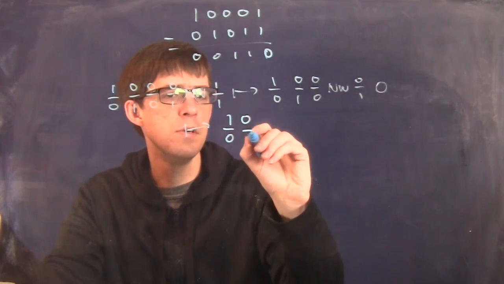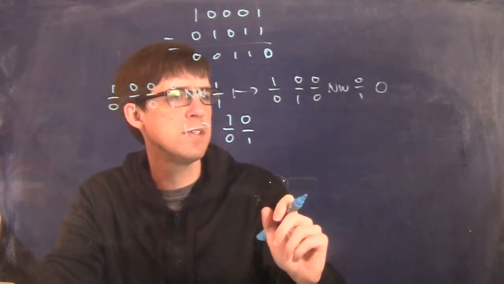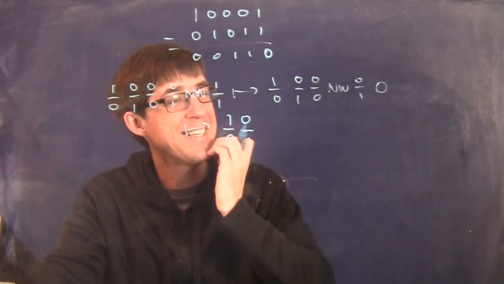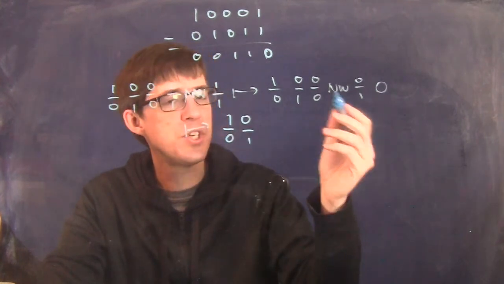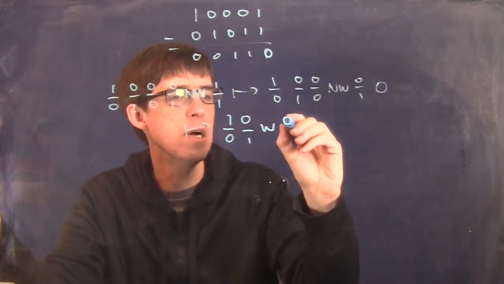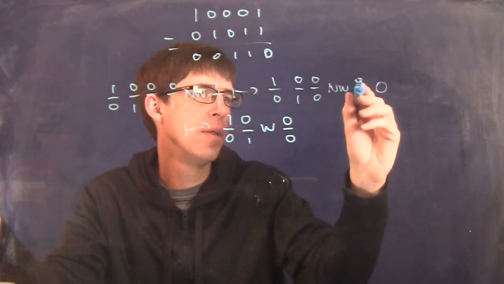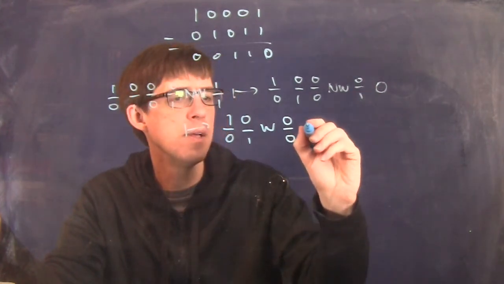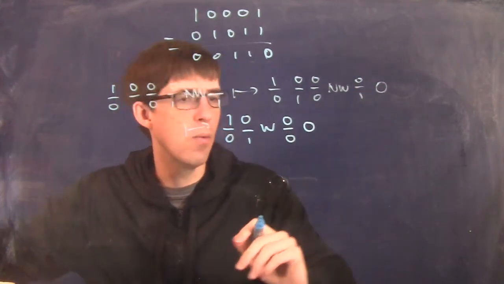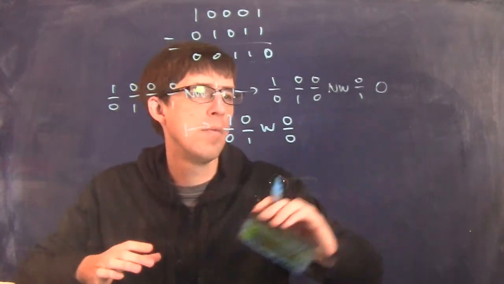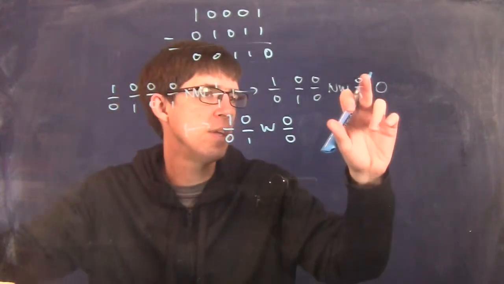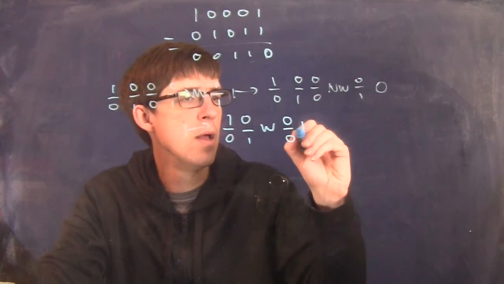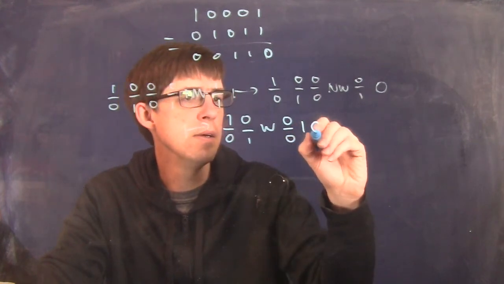1, 0, 0, 1. Okay, now we moved to the left and switched into the borrow state. So now it should say W, 0, 0. This 0, 1 has become a 1. Right? From the no borrow state, if you see 0, 1, it becomes a 1. And then a 0.